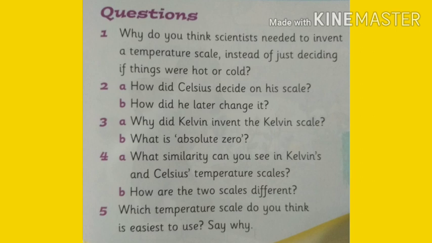Now the B question here. How did he later change it? He reversed the temperature scale, right? That means he made 0 degree the temperature at which ice melts and 100 degree the temperature at which water boils.